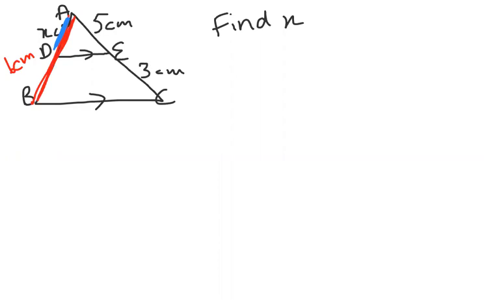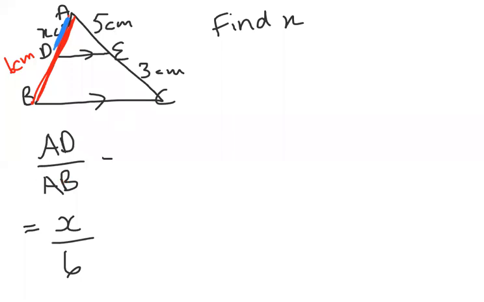So it's AD over AB, and that is going to give me X divided by 6 centimeters. So just keep in mind that 6 centimeters. And AB over AD, that's going to equal, so I had the smaller line divided by the bigger line. So we just keep it the same here.